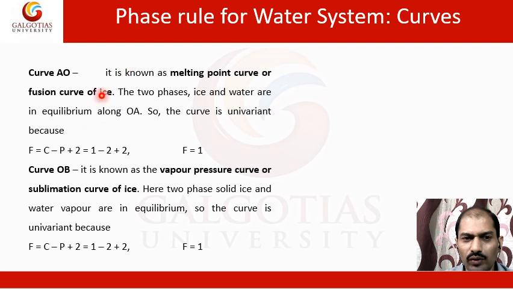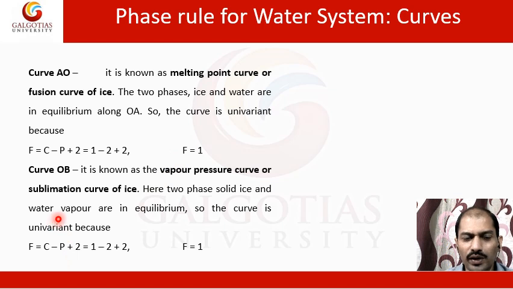How do we calculate that? F = C - P + 2 is the formula for the phase rule. The component is 1 and the phases are 2, so with the constant 2, only the degree of freedom will be 1. So this is univariant.